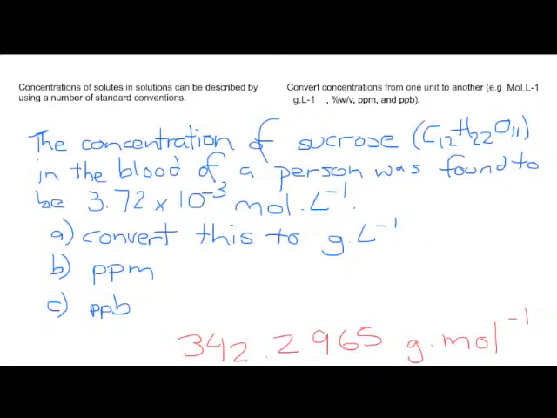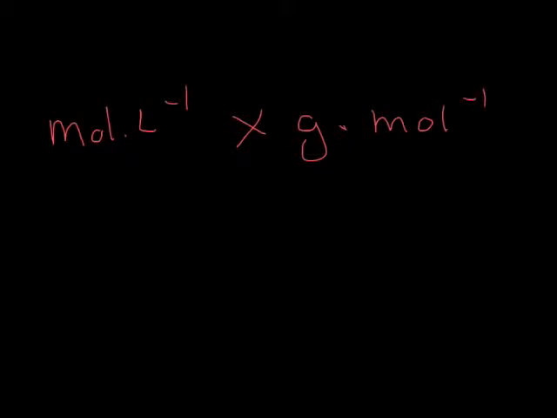And let's just take a look at those units mathematically. So what we've got is moles per litre, and we're timesing that by grams per mole. Now, I'm not sure if you remember back to mathematics, but the -1 means it's a fraction on the bottom row.